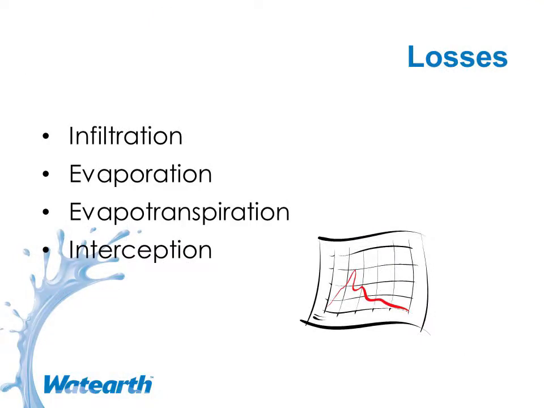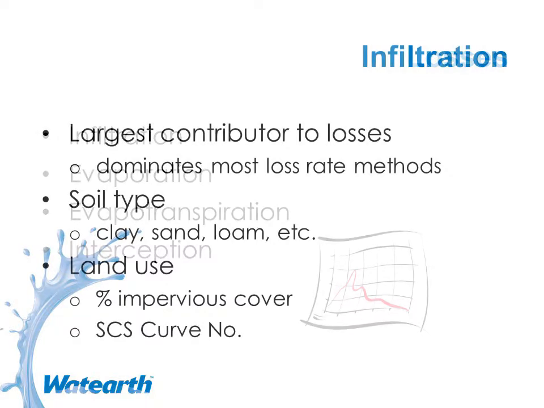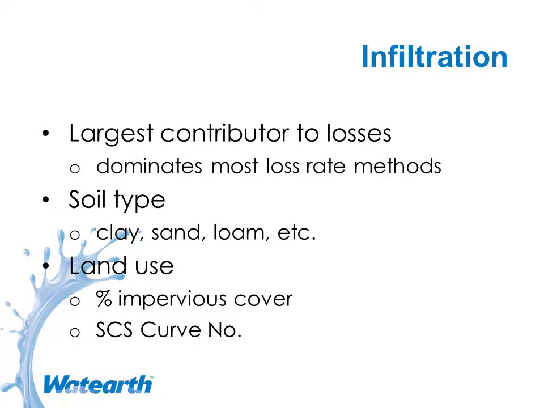All right, so losses. Typically our largest loss in design storm events is going to be infiltration. If you're looking at longer term events, evapotranspiration and interception can play a role. Infiltration is really going to be driven by the soil types, but also the amount of impervious cover or the land use.